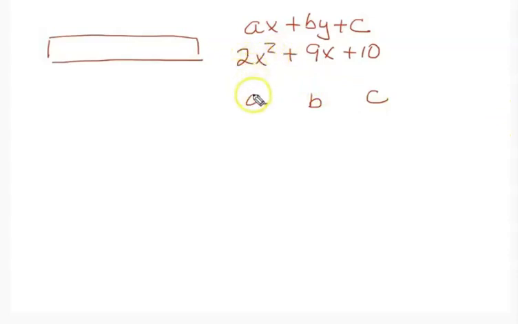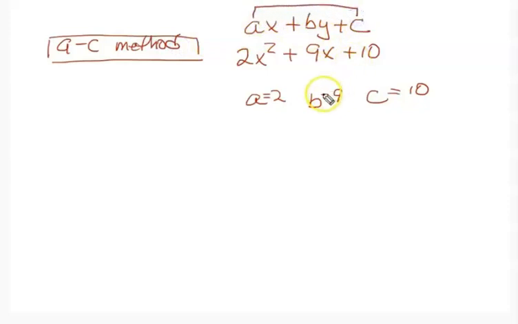So what is your A term? Well, A is going to equal 2. Our B term is going to be 9. And our C term is going to be 10. Now, in the AC method, the first thing you do is you multiply the A term by the C term.